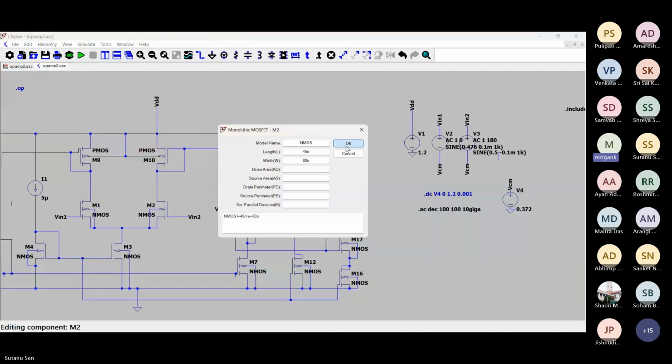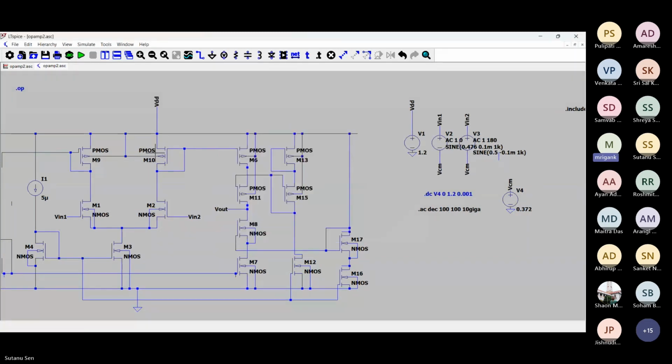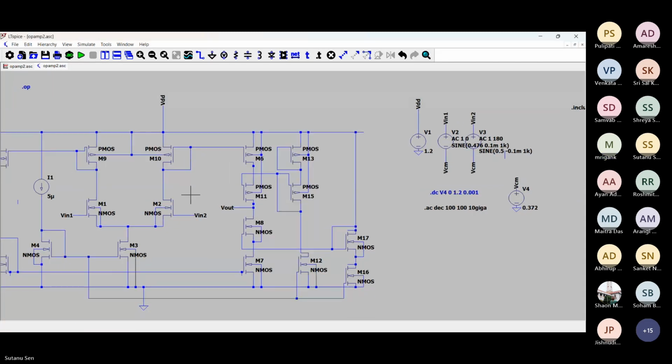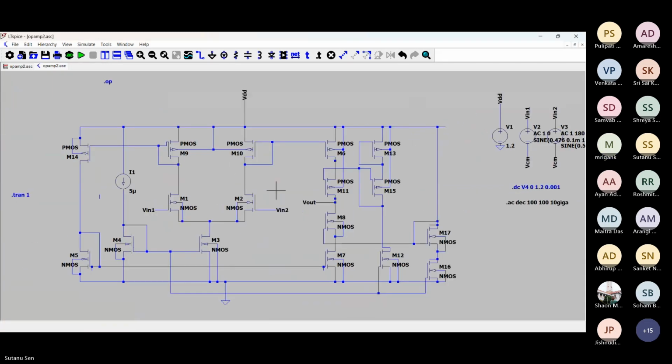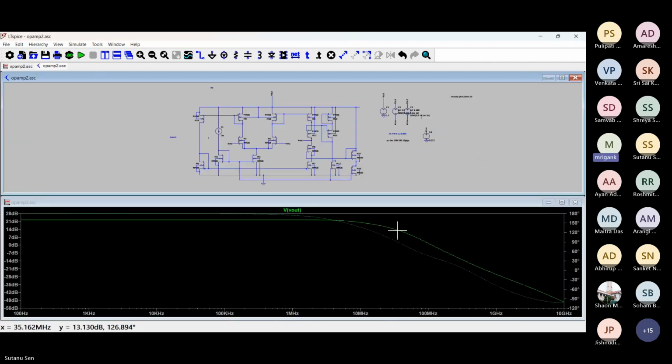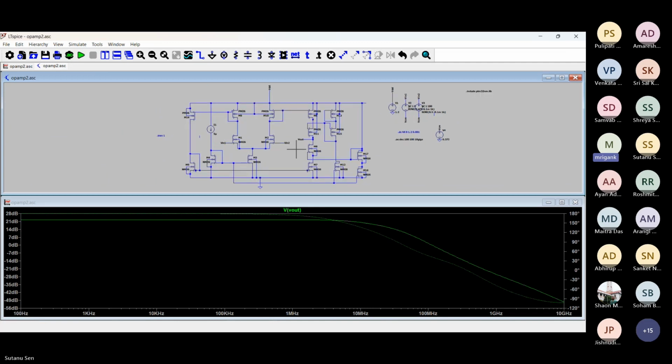What are you doing? I changed only the input device. Which other device have you modified? M9, M10 will not be modified because that will affect the ratio of the second stage. Current you can, again you have to change that. You have to get the DC point.